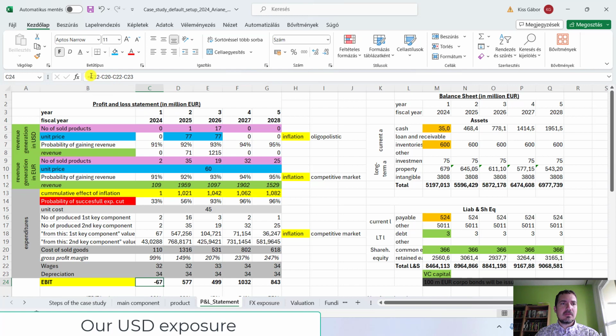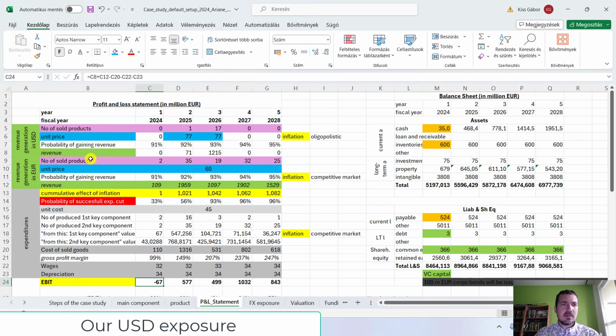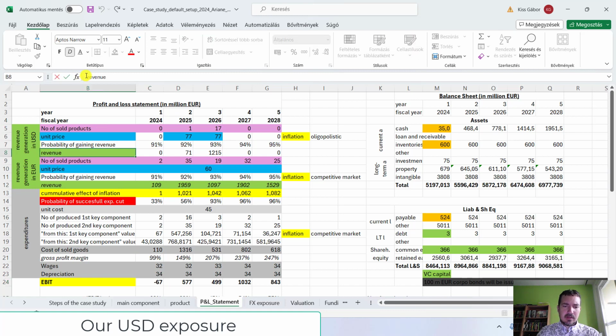Okay. And then during the calculation of EBIT, we should add also this one. And now we can see the USD revenue in euro. We should not forget that. Okay, unit price in USD.